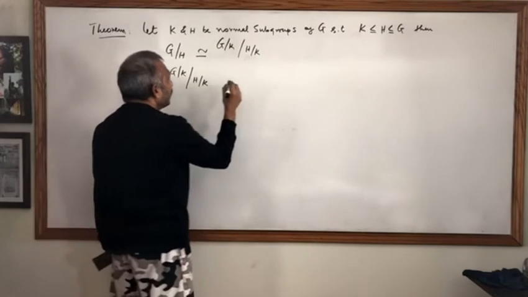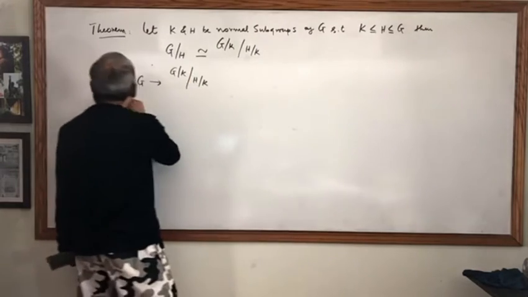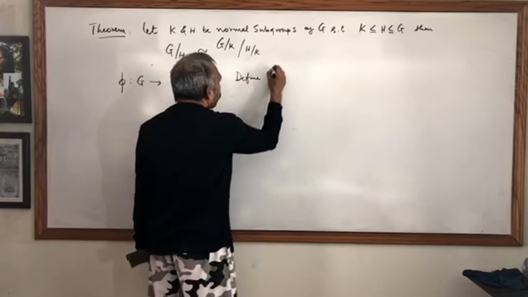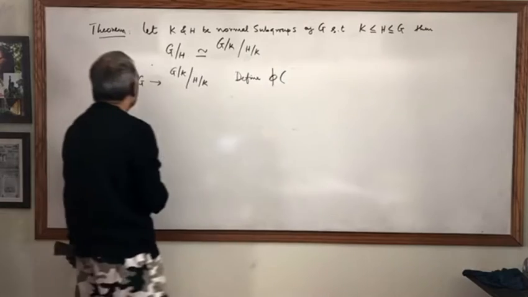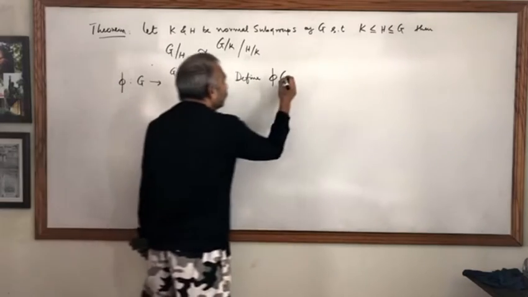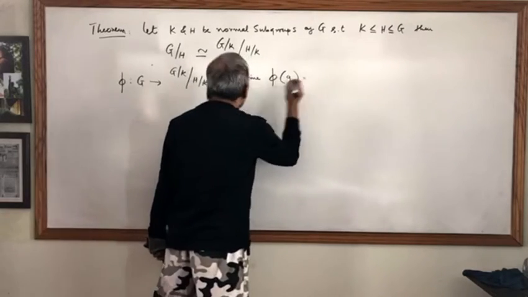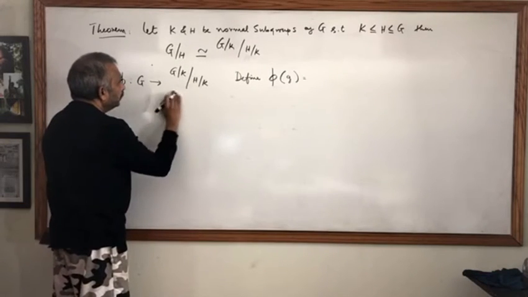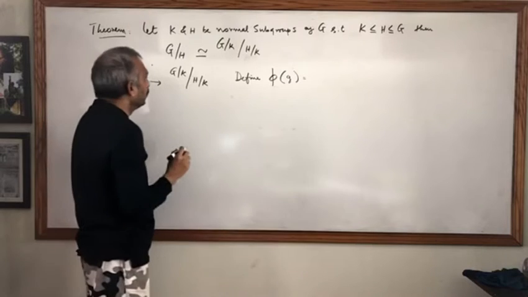So the definition of phi is going to be like this: define phi of g, for an element g from G, to be the element gK times H over K of this factor group.